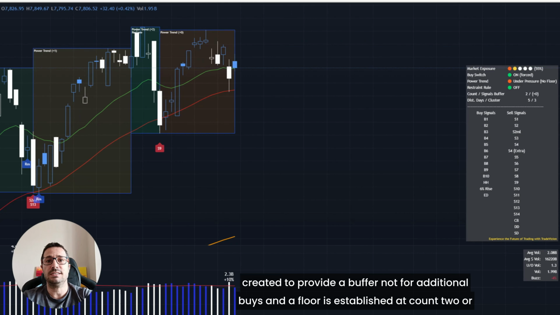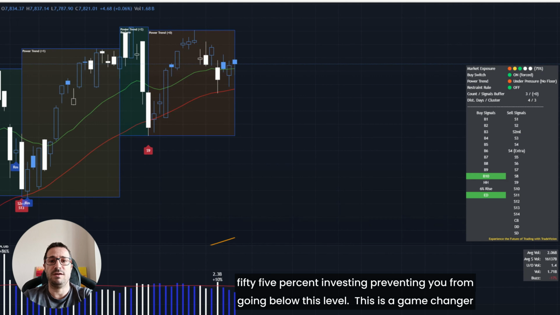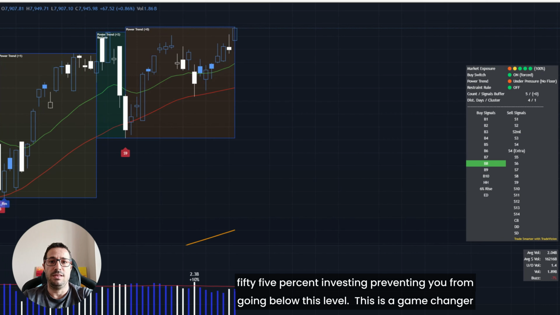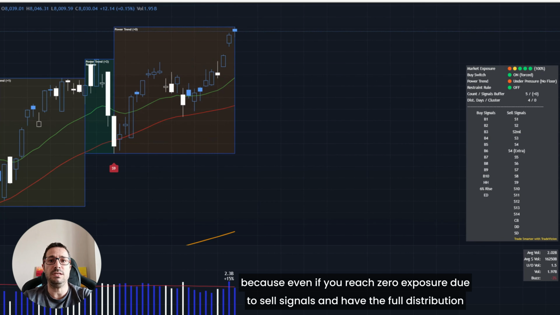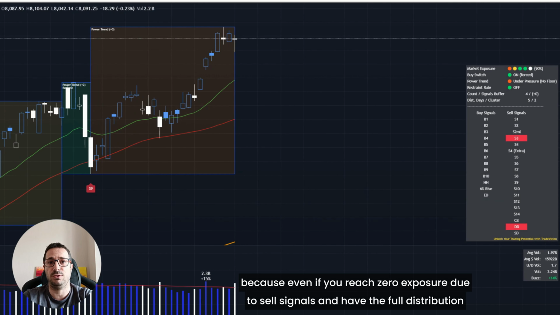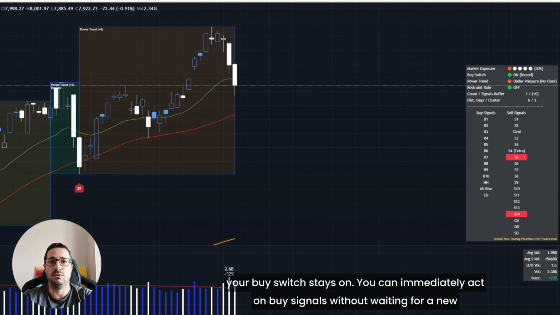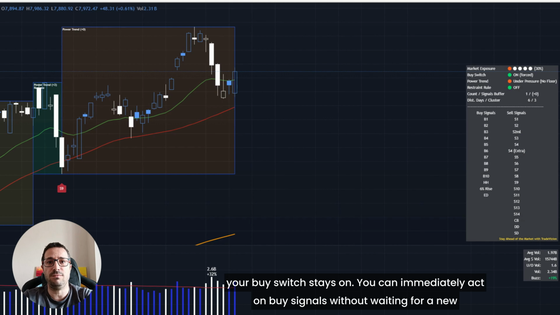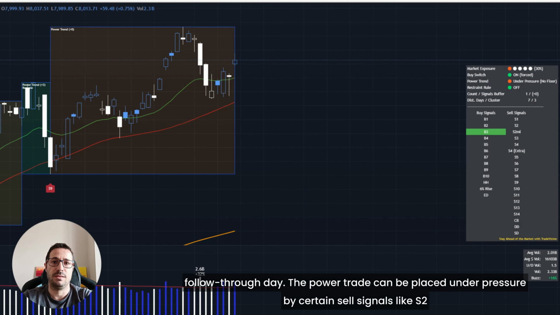And a floor is established at count 2 or 55% invested, preventing you from going below this level. This is a game changer because even if you reach zero exposure due to sell signals and have the full distribution, your buy switch stays on. You can immediately act on buy signals without waiting for a new follow-through day.